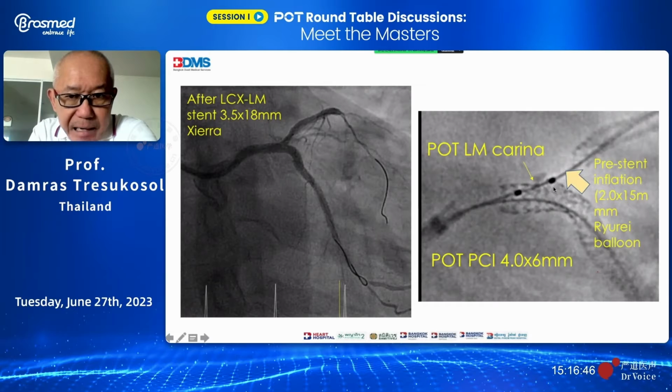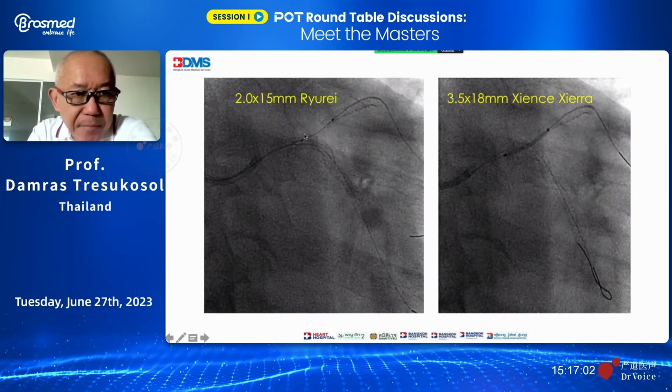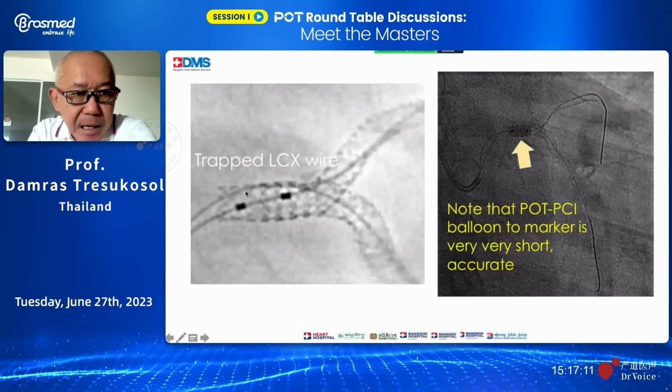POT left main carina, and this is the gap between the LAD stent and left main circumflex stent. And after we do POT here, we're going to balloon this and stent from LAD to the left main for crush lock. So this 2.5 by 15 Rewrite to open the strut on the left main circumflex stent, and then we pass 3.5 by 18 Synergy. And in the trap, you can see that at the stent on the left main LAD, the circumflex wire was trapped.